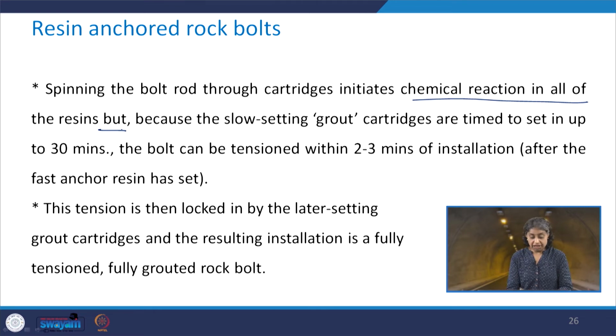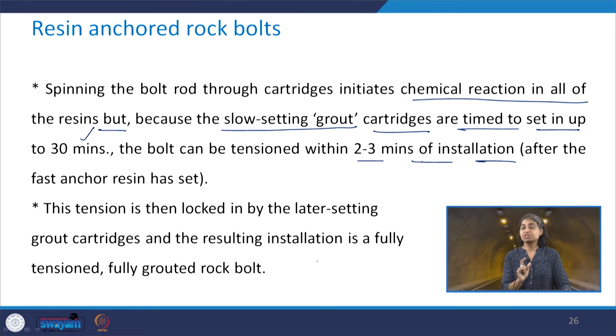But because the slow setting grout cartridges are timed to set in up to 30 minutes, the bolt can be tensioned within 2 to 3 minutes of installation. This is the duration in which more or less the fast anchor resin has already set.